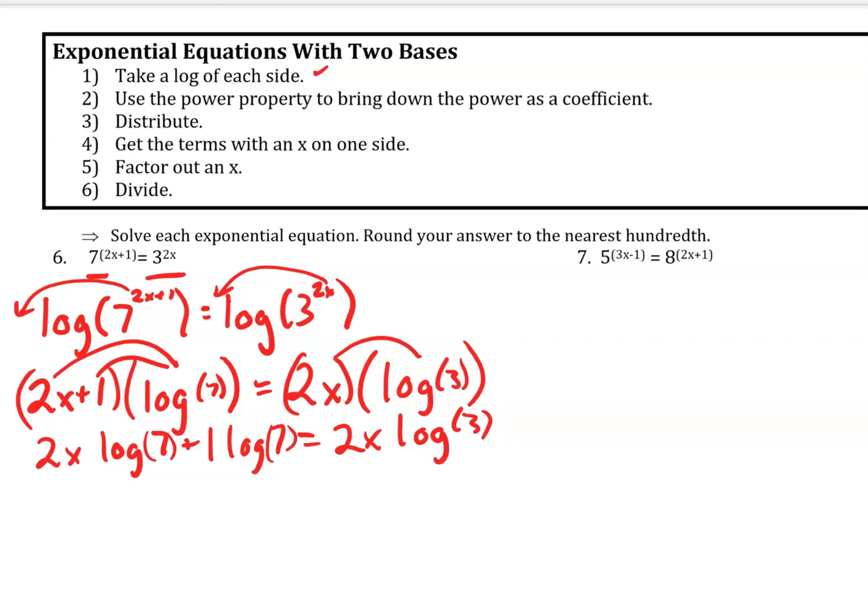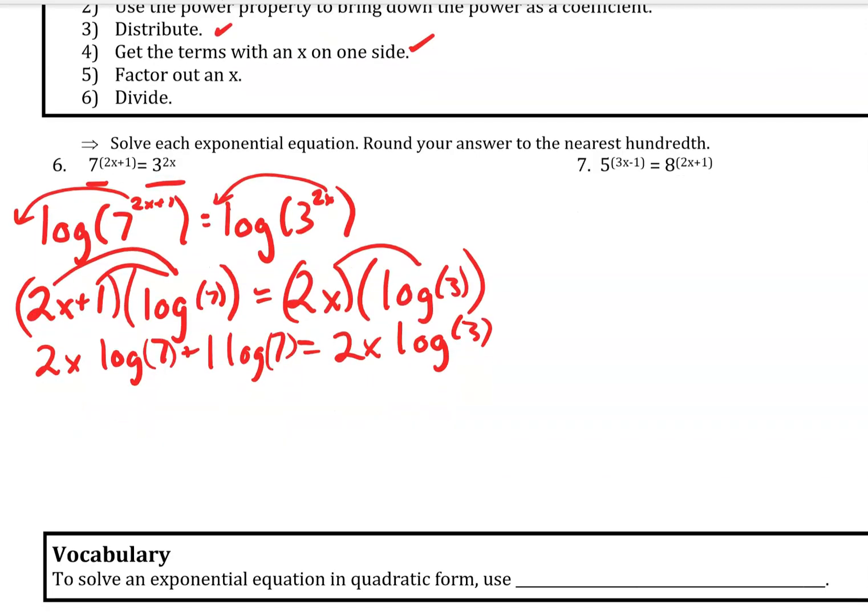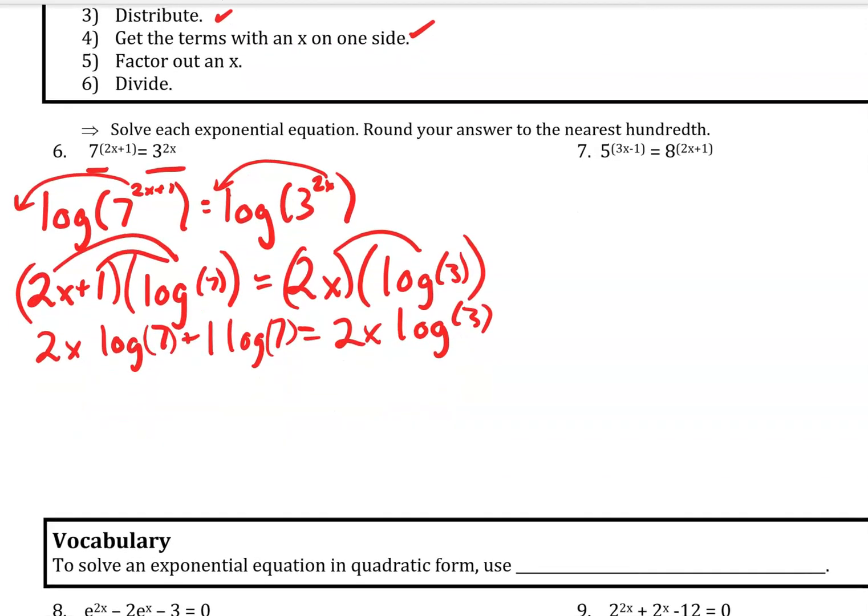Next, we're going to get the terms with an x on one side. So to do this, I'm going to move my 2x log 3. We're going to subtract that from each side. And we're going to subtract log 7 from each side to get everything with an x on one side, everything without on the other.